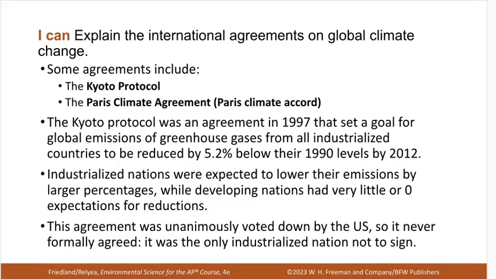They thought it was not fair because developing countries, who were developing their economy and getting out of poverty, did not have to follow the same guidelines that developed countries had to. So it was never formally agreed to. We were the only industrialized nation not to sign.